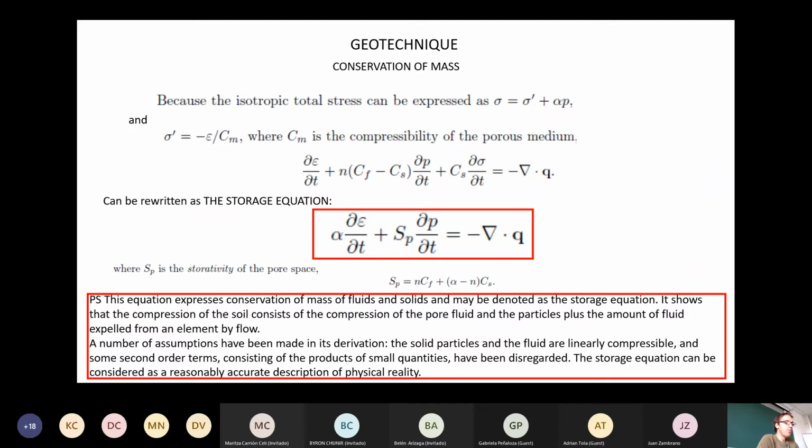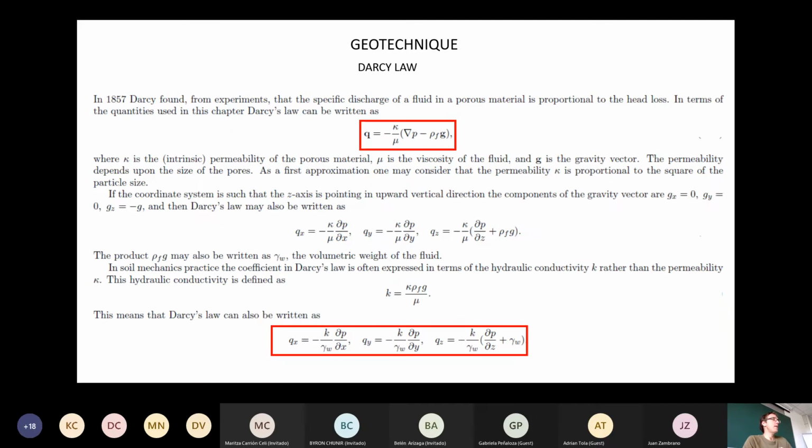Okay, so now the other thing that we are talking about is what I already introduced, that is the Darcy law. In 1857, Darcy, and this is only a law, so it was found by experiments. Darcy saw that if we discharge a fluid in a porous material, this flow is proportional to a K, that is what we call the permeability of the porous material, and the viscosity of the fluid.